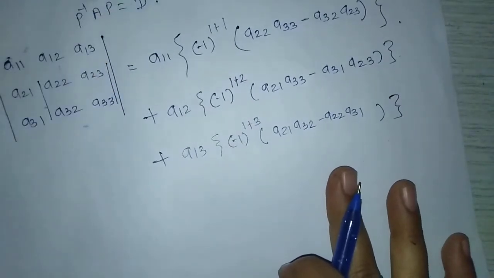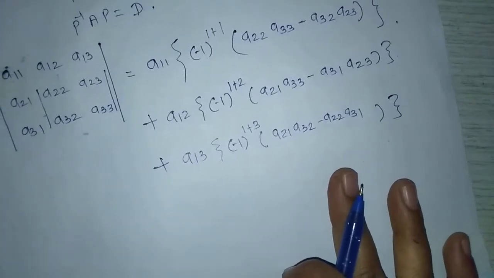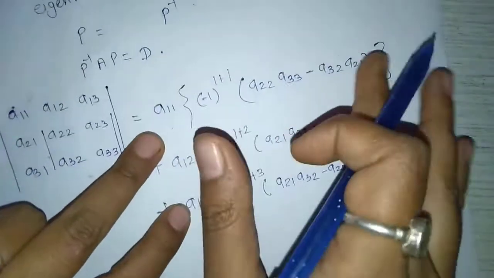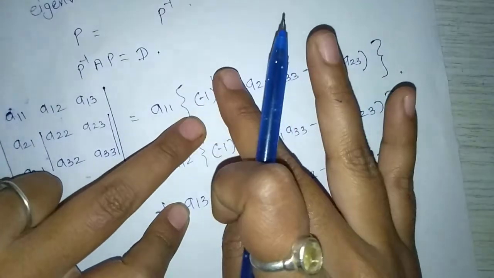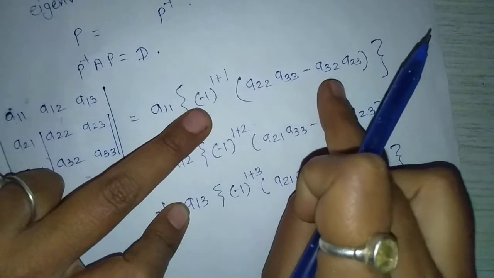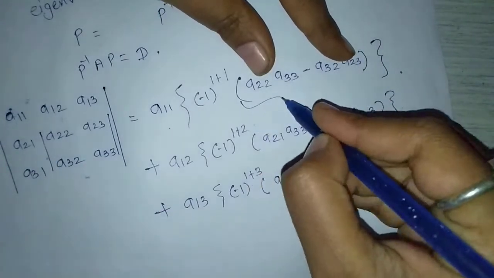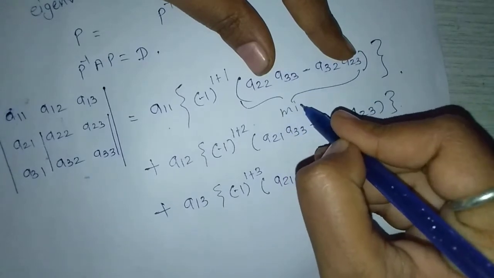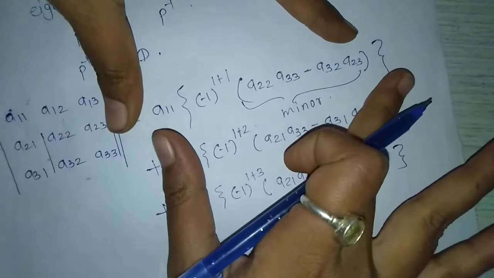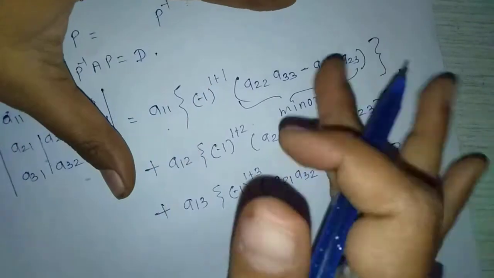Now here, A11 into something means -1 raised to 1 plus 1 into A22, A33 minus A32, A23. This small part is known as the minor of A11 and this bigger part is known as the cofactor of A11.